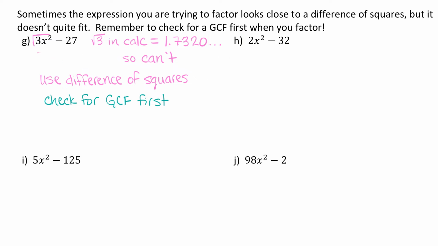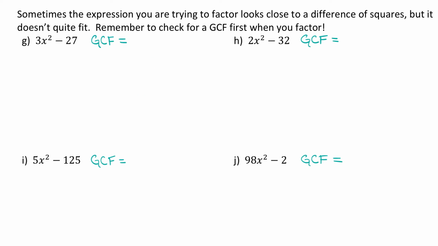That is huge. So when you look here, the number that you can divide 3 and 27 by is 3. So we put our GCF in front of parentheses. When we divide out the 3 from the first term, 3x squared divided by 3 is x squared. And when we divide 3 from the second term, negative 27 divided by 3 is negative 9. Now let's do a difference of squares.